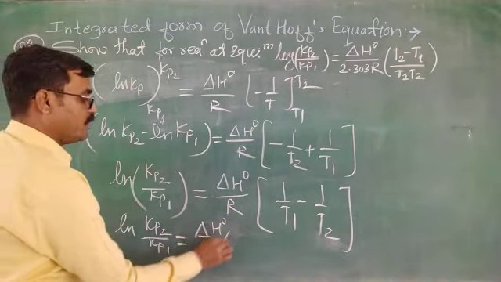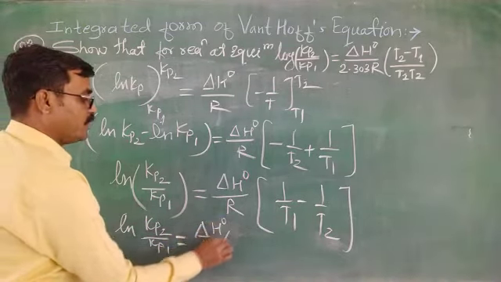But how is the integrated form obtained? You know Van't Hoff's equation: the derivative of ln Kp is equal to delta H0 upon RT square into dT.